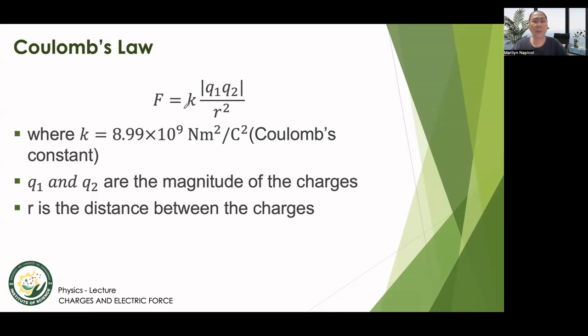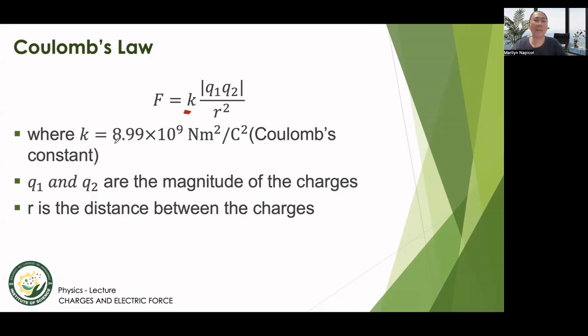K here is your constant. Pag sinabi natin constant, always given na siya. Okay, permanent na siya sa problem. Parang yung acceleration due to gravity, yung 9.8 meters per second squared, fix na yon kapag nagko-compute tayo ng weight, di ba? Because weight is equal to mass times acceleration due to gravity. Ganun din yung Coulomb's constant.